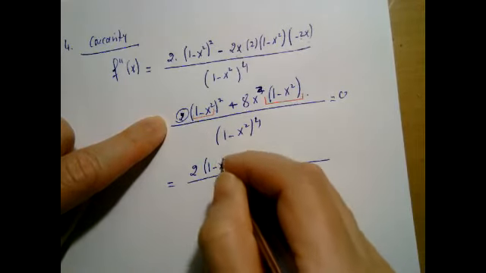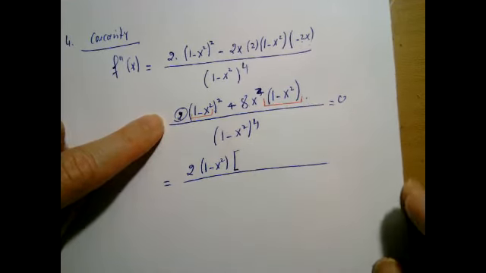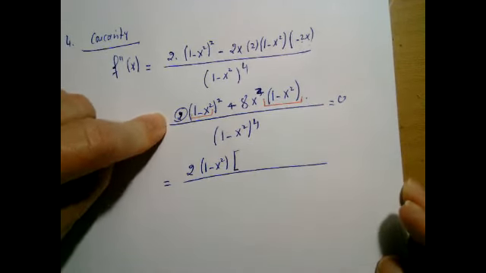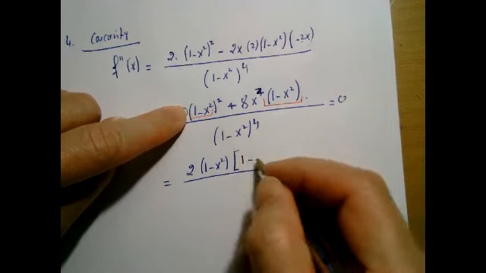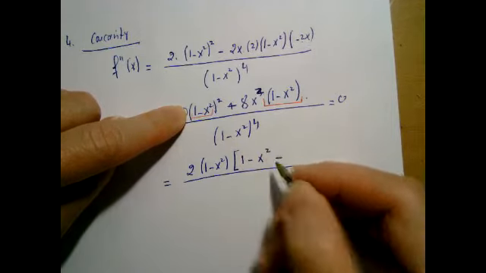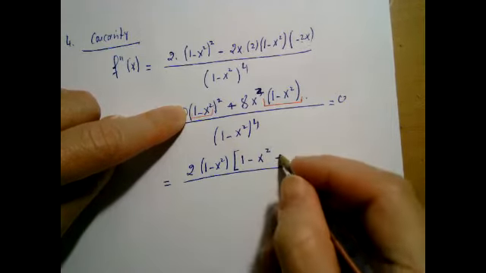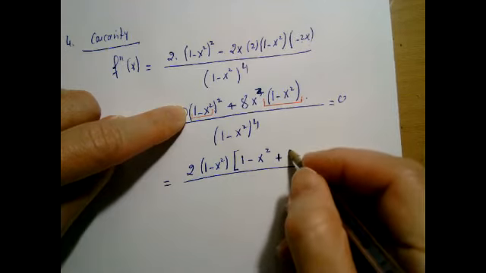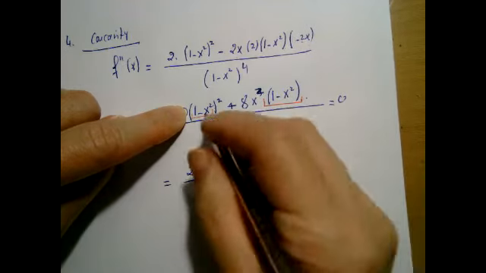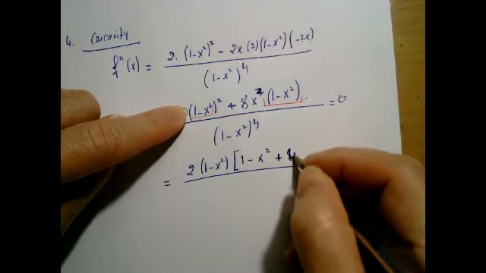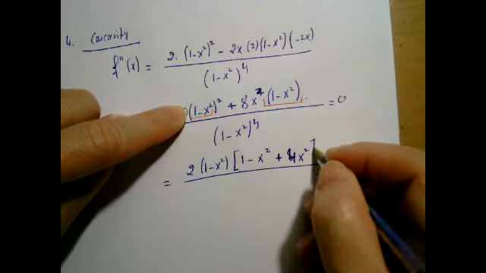I'll factor out 1 minus x squared because solving is factoring. The more we can factor, the better it is. I will be left with 1 minus x squared in here plus, since I factored out the 2, plus 4 x squared.